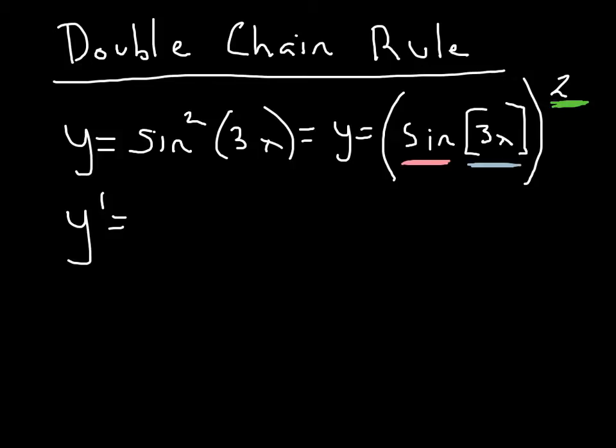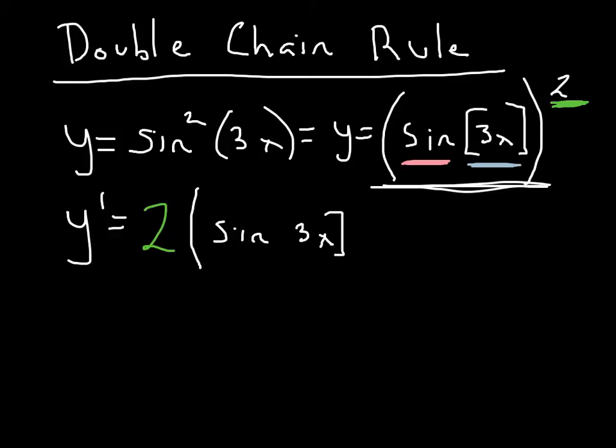So we have the 2 up front, and then we have the parentheses, and we're going to keep the exact same thing that we had in the parentheses up here, so we're going to have sine of 3x. And so that's the first step. That's the first chain rule we're going to do.